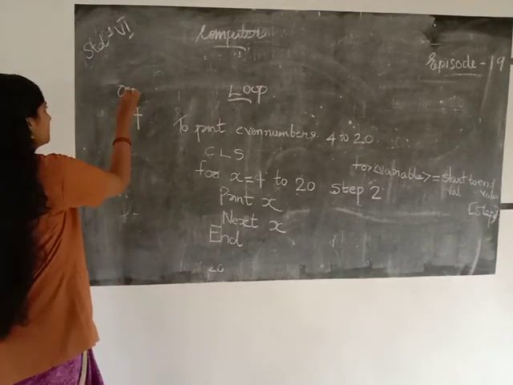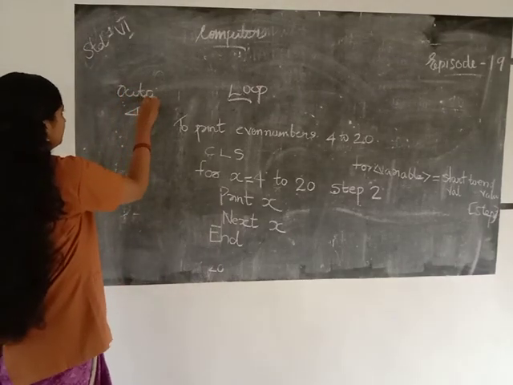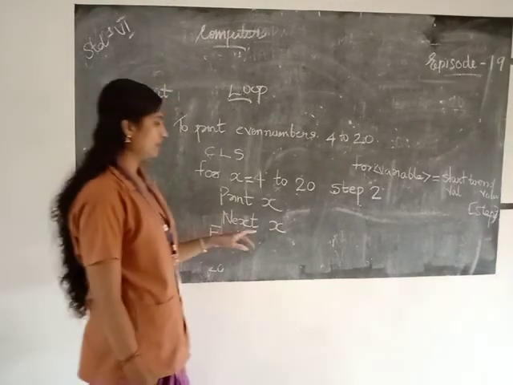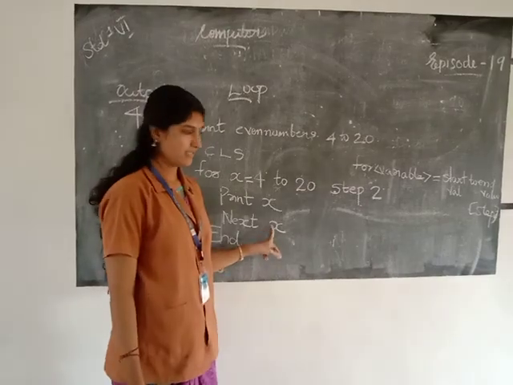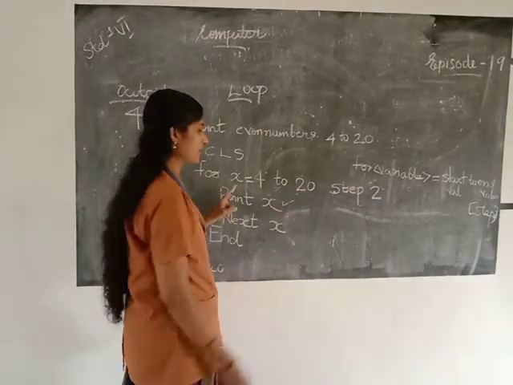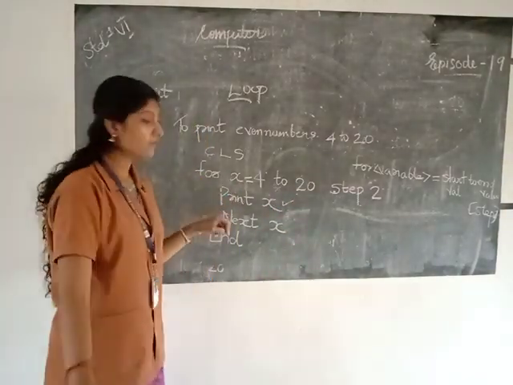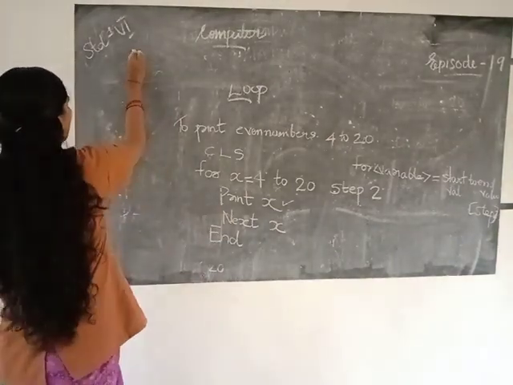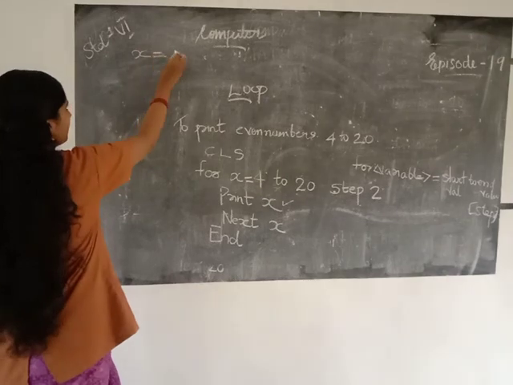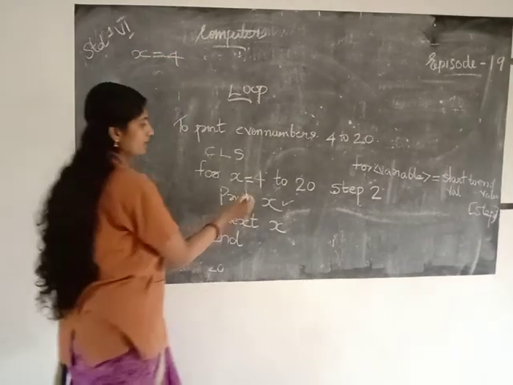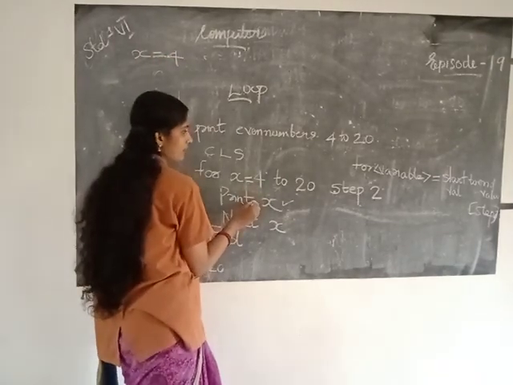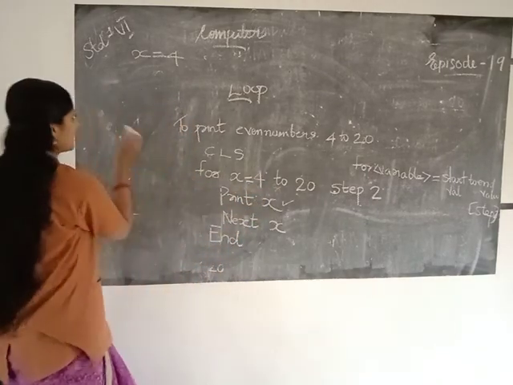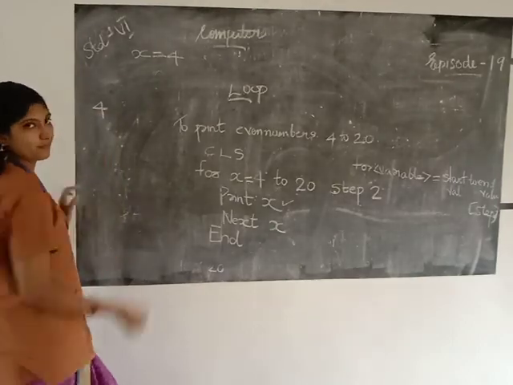This is the output. First you print the value 4. First print X. Print X means the value of X equal to 4. Then the program controls flow to the second statement, print X, that means 4.